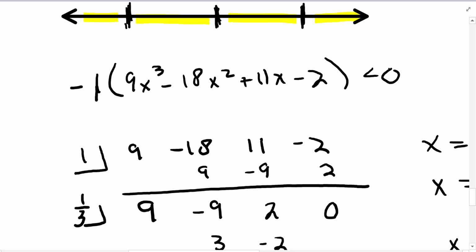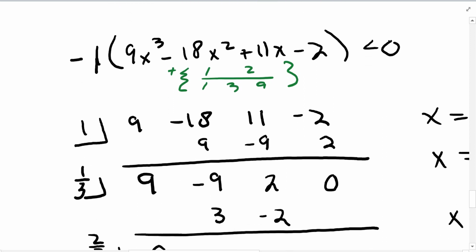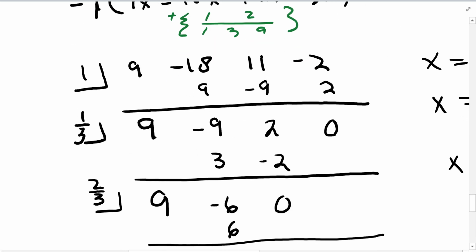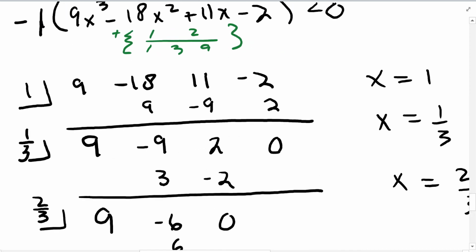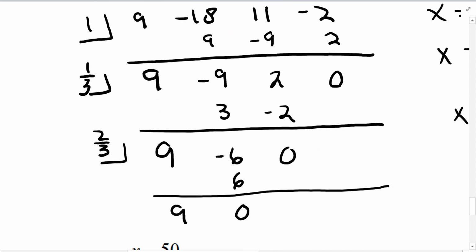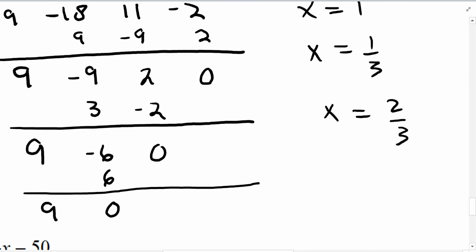Remember the rational root theorem, those possibilities are going to be positive and negative, 1 and 2, factors of the constant, over factors of the lead coefficient, so 1, 3, and 9. And so that's how I picked my values. I tried 1/3. 1/3 worked, so x is equal to 1/3. And then I tried 2/3, and 2/3 works.